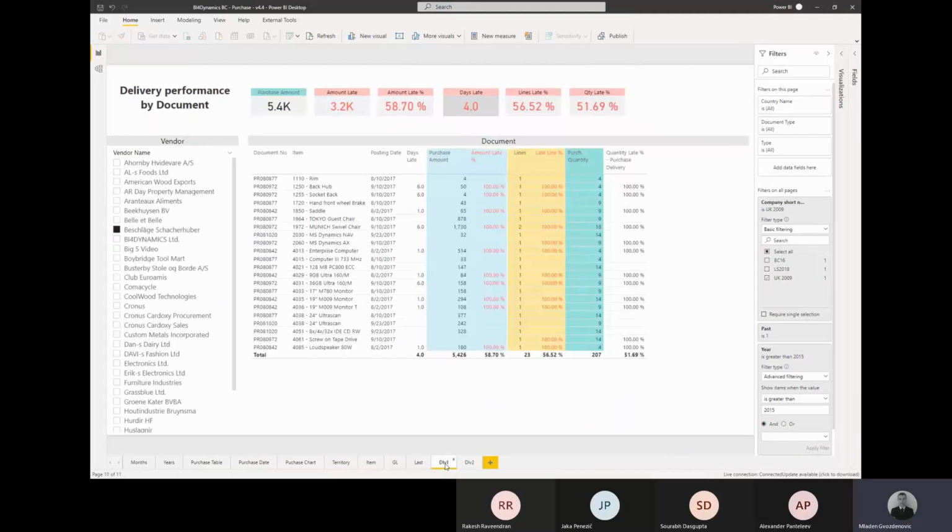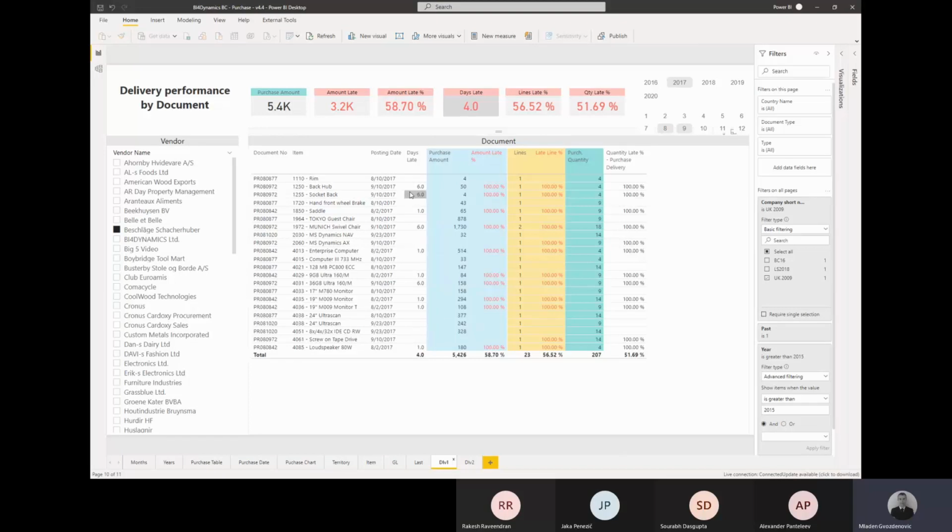So in this scenario here, we have explained the details. For example, the document number here is a document of a receipt, and this is an item that was on that document. Here we have the information of a posting date of this receipt, and we do not show the expected date.